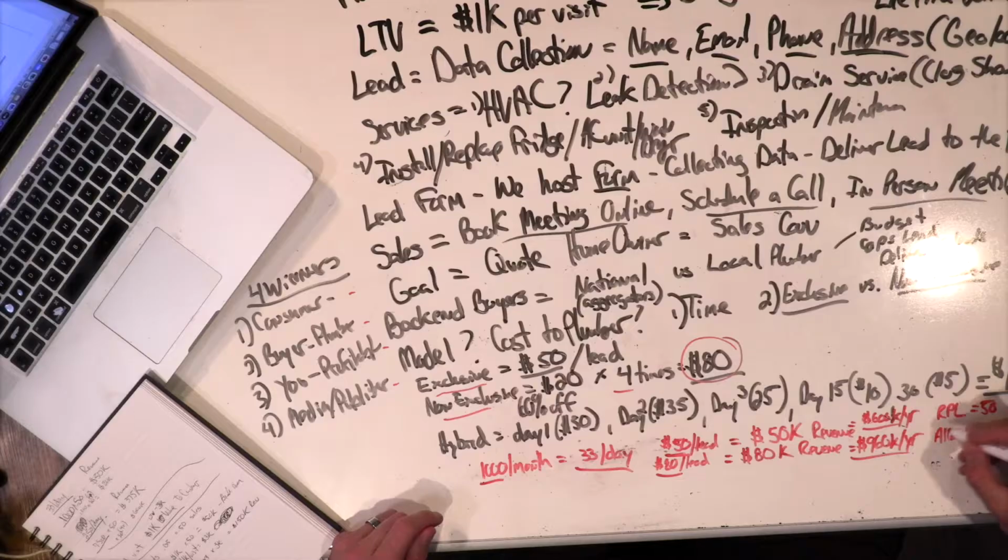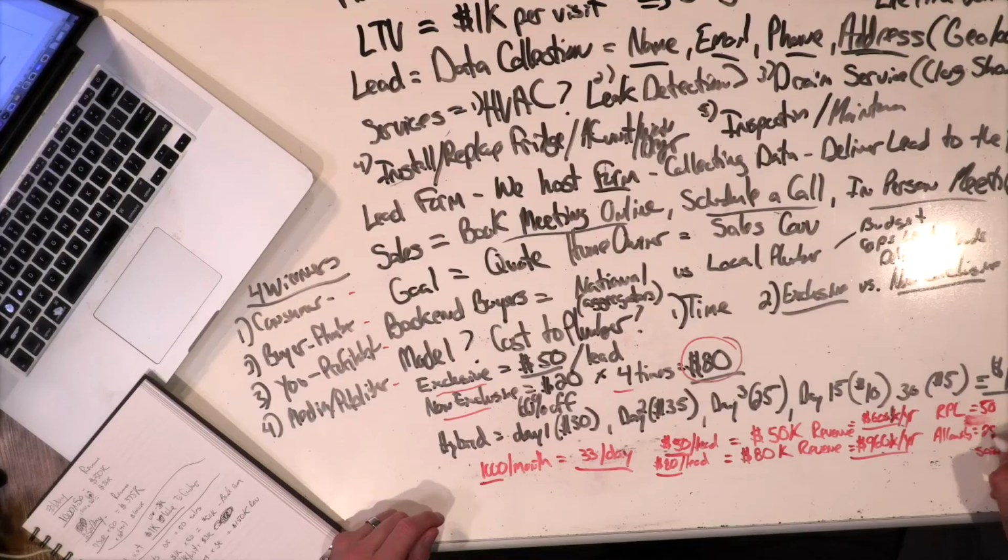Here, you can afford $40 to generate that lead, right? So if the RPL is $50, the allowable at 50% margin would be $25. At $80 per lead, $40, right?